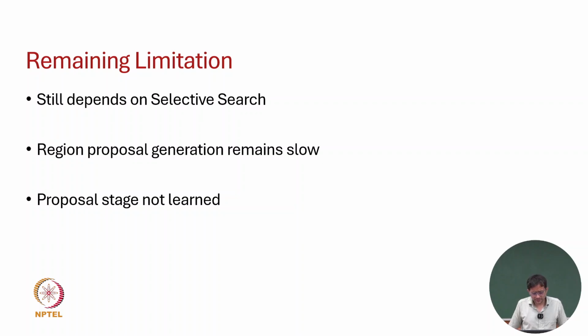This still depends on selective search or any other appropriate method, which means the region proposal is still decoupled and slow. So can we do something so that this stage is also part of the entire architecture? And this aspect was further addressed in the follow-up work, which is known as Faster RCNN. So see the sequence: RCNN, Fast RCNN, Faster RCNN.